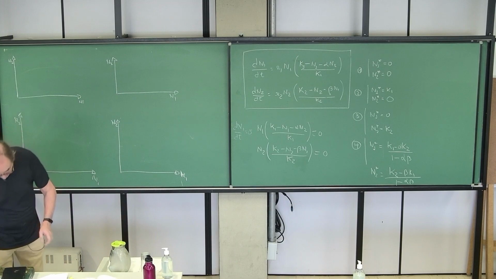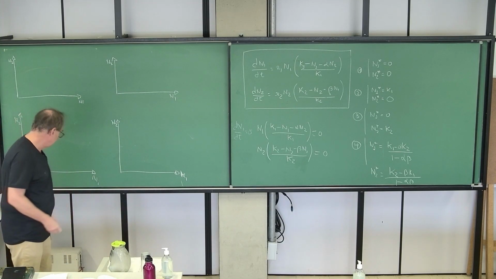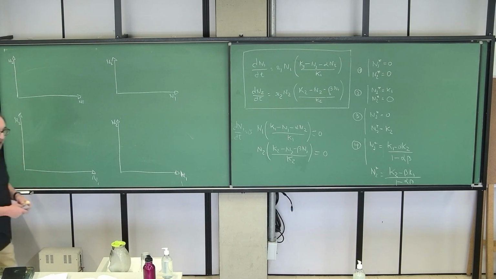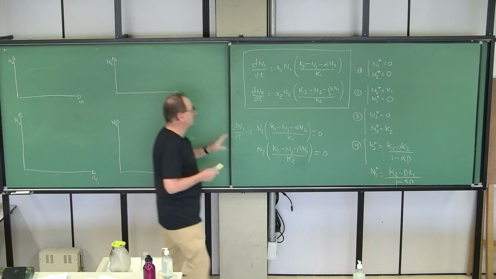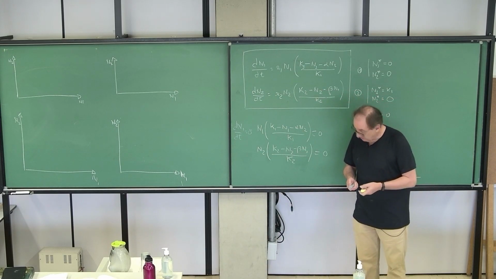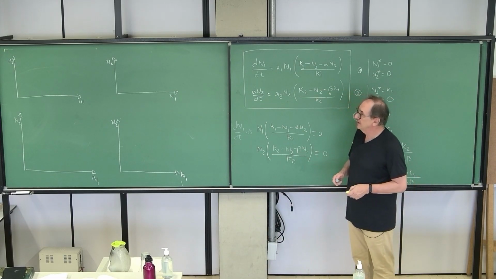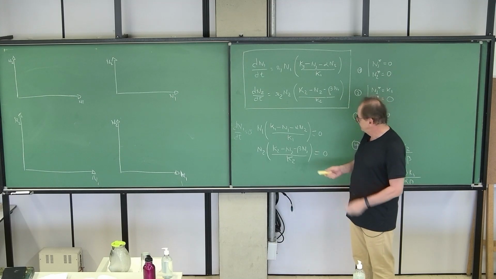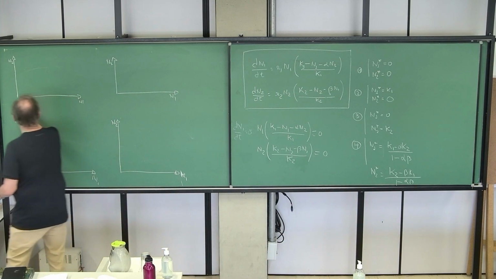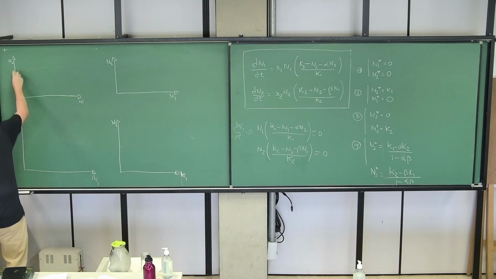And therefore, I will draw the so-called null lines for both equations. So let's start with the equation for n1. n1 can always be 0, so this holds in all cases.